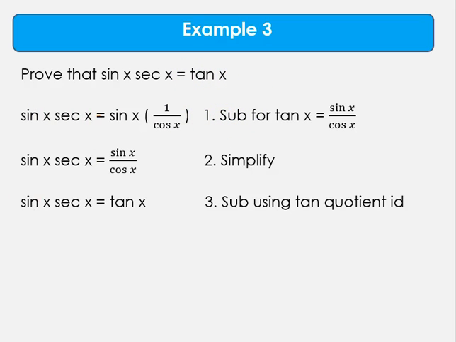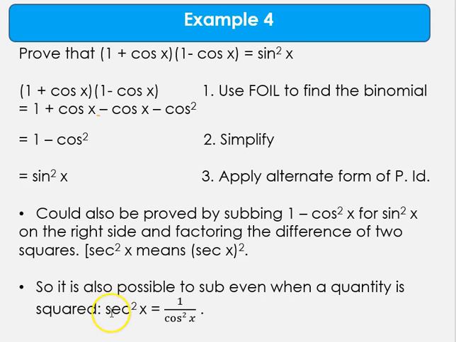What they're saying is it's possible to sub even if you have a squared term like secant squared x. It actually equals 1 over cosecant squared x, and that's because this is its reciprocal right here, and that's part of the PID.